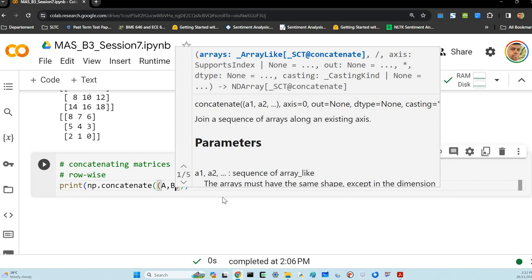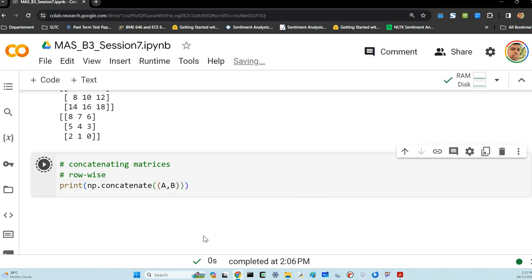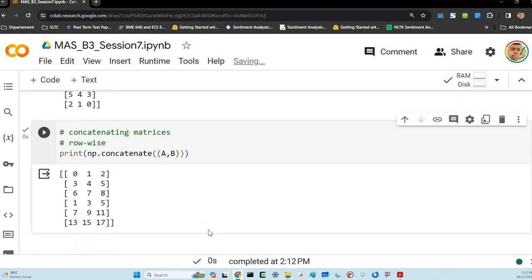So this will concatenate row wise, and then the output will be like this, row wise. The first one is A, then you have B. So with row wise concatenation, you will get A and B in this fashion.